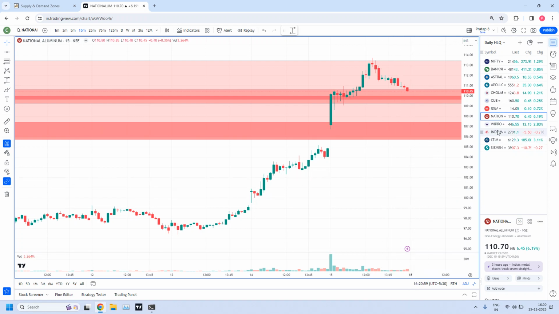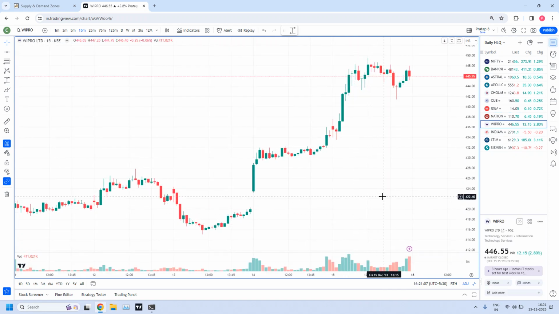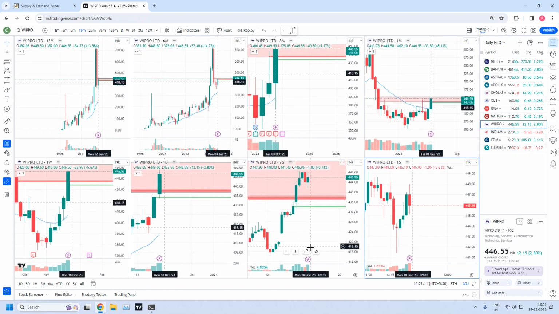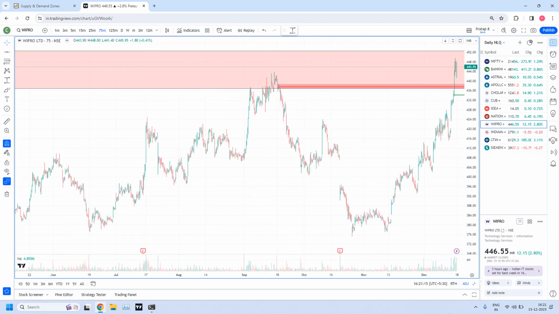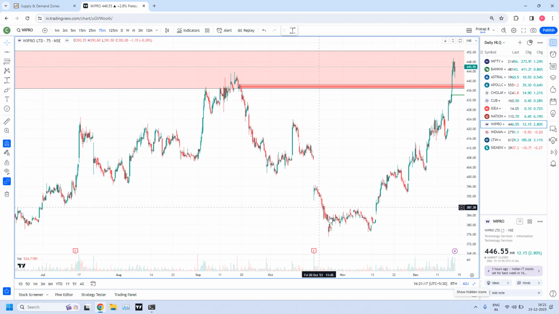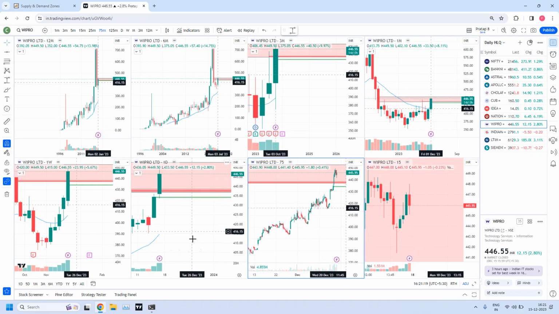Okay, before that, a few more stocks are there. Let me show you. The next one is Wipro. Wipro, we got a successful trade, and after that, the zone was broken. Wipro is a 75 minutes zone in a daily time frame.